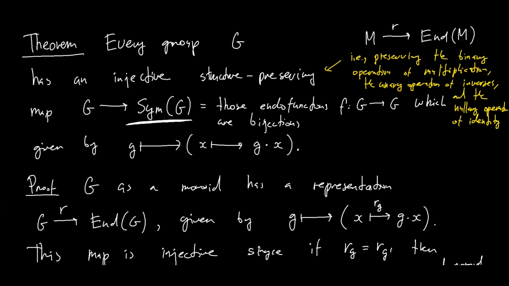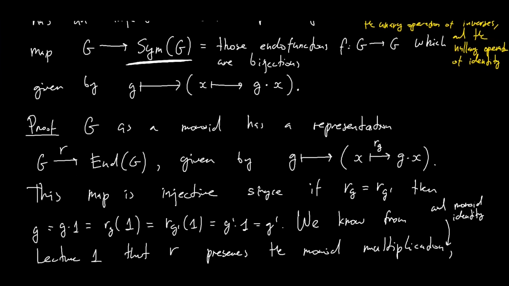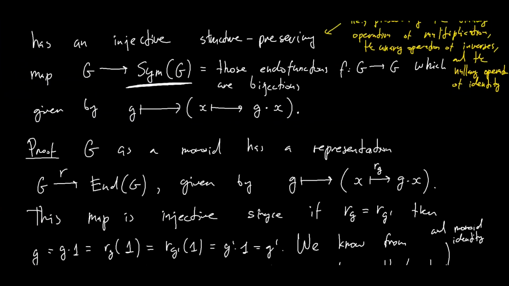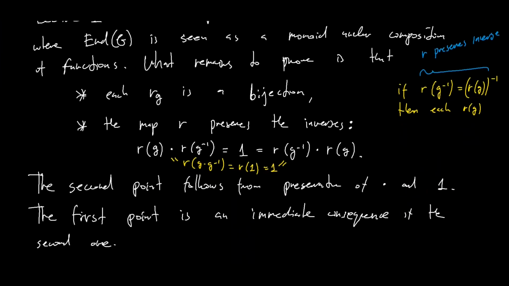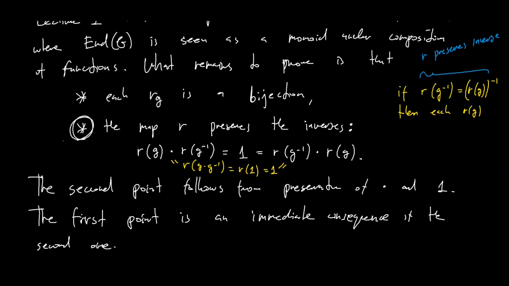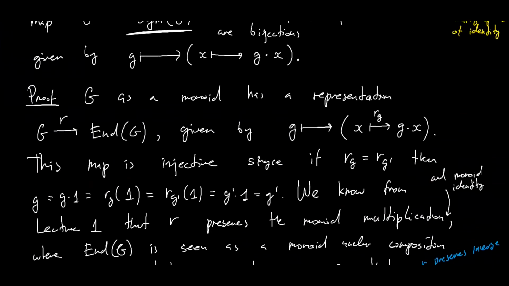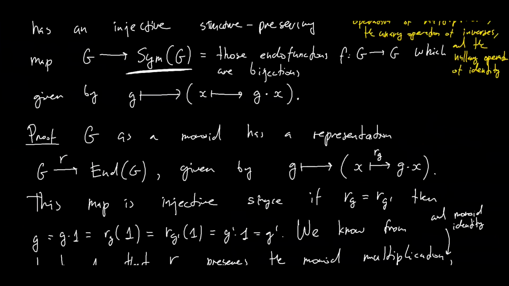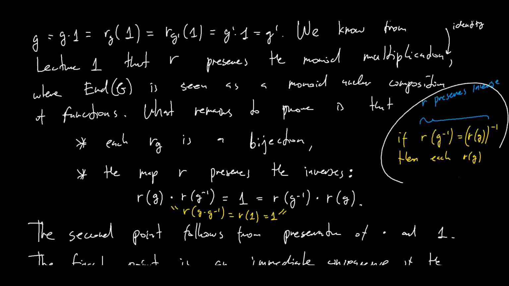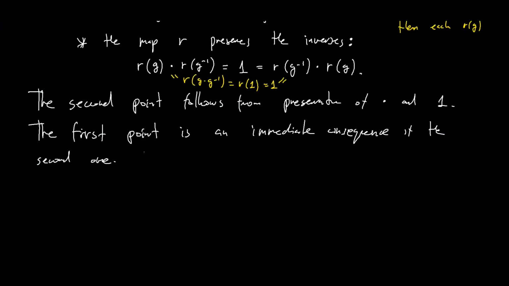And then it does preserve all the structure because it preserves multiplication, it preserves identity, as we already remarked, and this guarantees us that it preserves inverses, which now at the level of Sym(G) can be seen as preservation of the unary operation of taking the inverses. So what I'm trying to say here is that we proved the theorem.